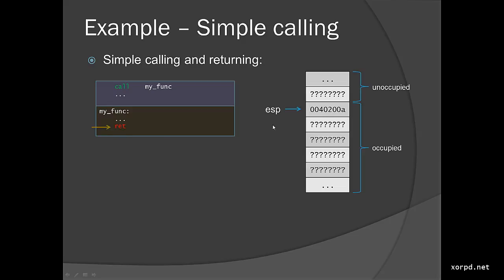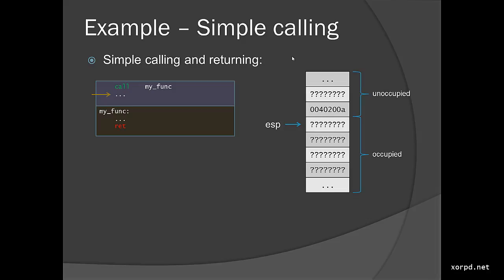The ret instruction is supposed to look at the top of the stack, or in other formulation, to pop the last D word from the stack, and then use this address to return. It will actually jump to this address, which is the address of the next instruction. Basically, this is what is going to happen.